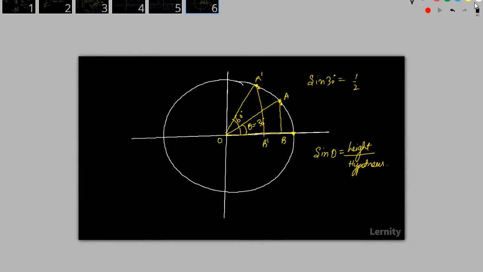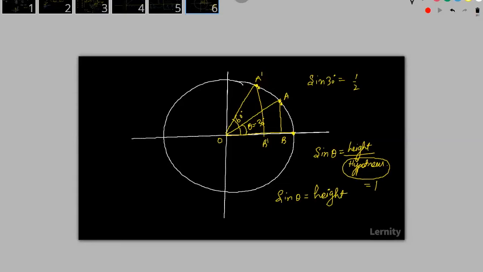I will explain it once again. For sine theta, we have height upon hypotenuse. Now the hypotenuse is the radius, so the hypotenuse is always 1. So in this circle, whenever I take any point, sine of theta will be equal to the height.